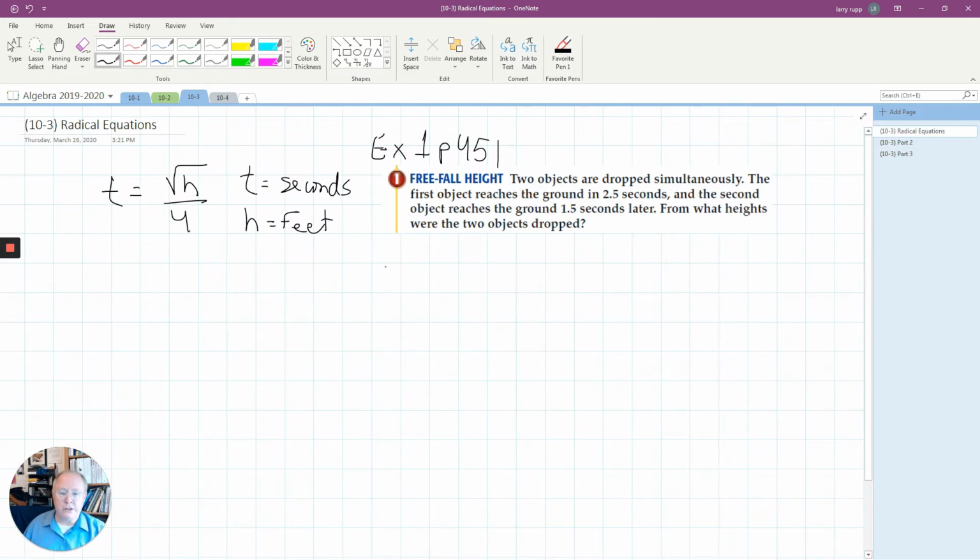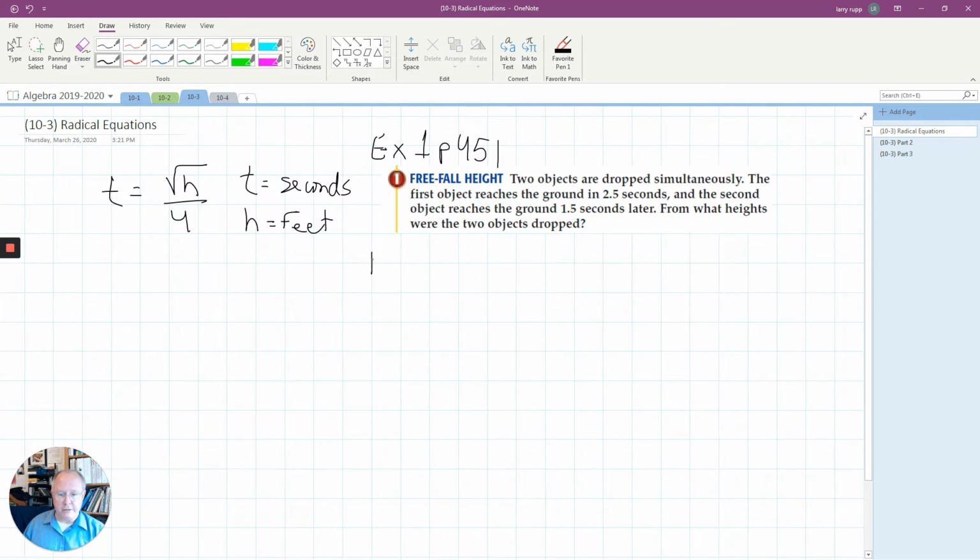So this is where we're going to use our formula here. t is equal to the square root of h over 4. Now, with radical equations, you treat them just as if they were normal equations in which you have to isolate the variable. In this case, we have two different t's.